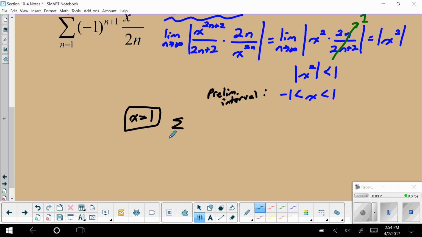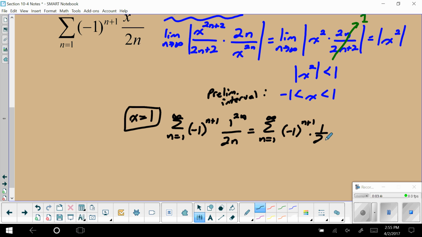I have the series from n equals 1 to infinity of (-1)^(n+1) times 1^(2n) over 2n. That's the same as the series from 1 to infinity of (-1)^(n+1) times 1 over 2n.